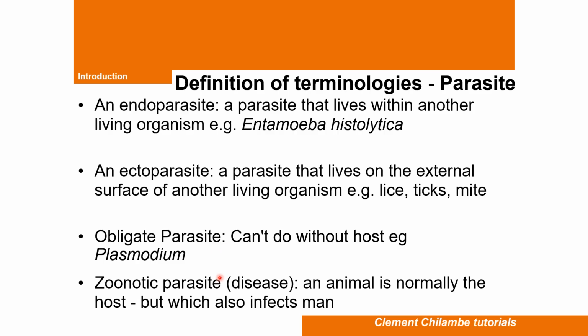An example is Plasmodium, and another example is Toxoplasma gondii. So they are obligate parasites, under endoparasites. Then we have zoonotic parasites. This is where an animal is normally the host, but which also infects what?